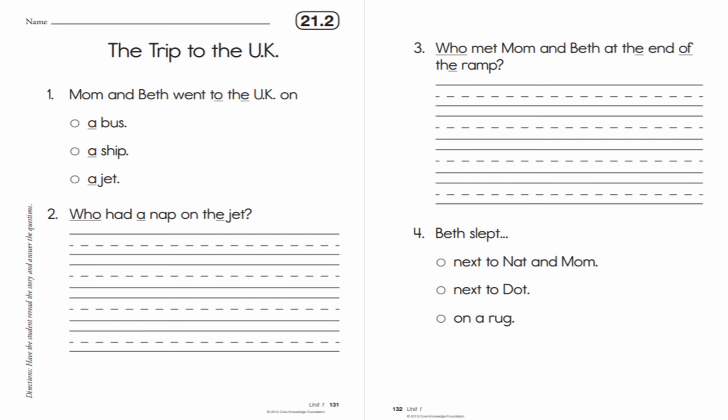Now, let's go ahead and turn to page 21.2 in your workbook. That's on pages 131 and 132. There's 21.2 in the top right-hand corner. 131 and 132 are your page numbers.